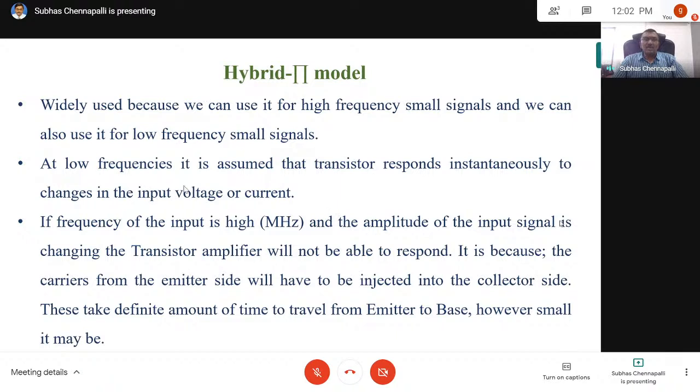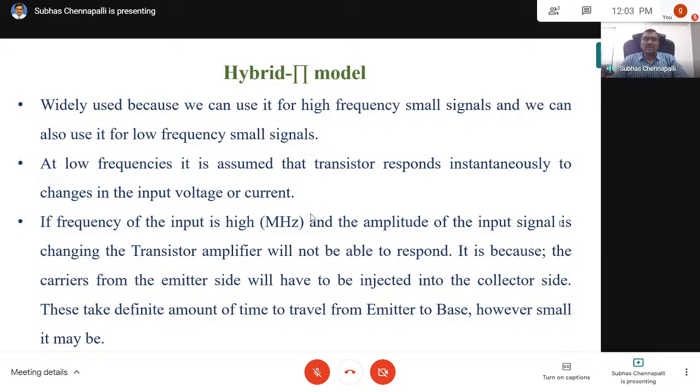At low frequencies, you notice the difference between the high frequency model and the low frequency model. In the transistor, you have two junctions. At low frequencies, you can always ignore those junction capacitances. But at high frequencies, they will come into picture.